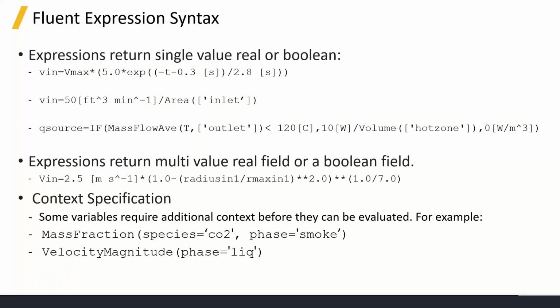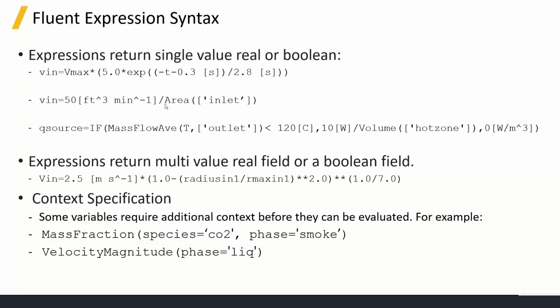We can have expressions that return a single value. So we've got a few examples here. Vmax here is a function of only time. The inlet velocity here is a function of some given flow rate in US units, with an area for flow calculated directly from a function here.